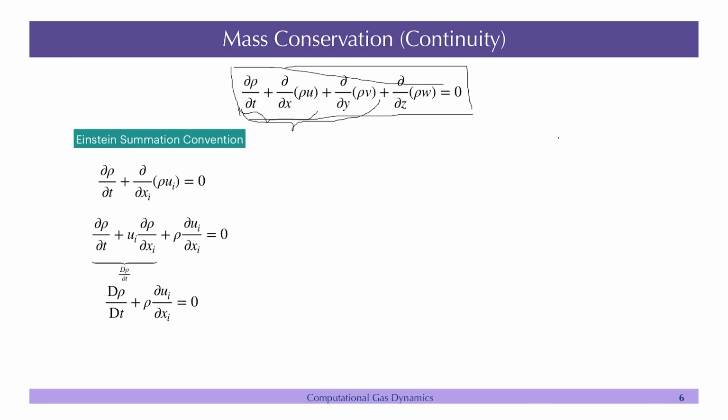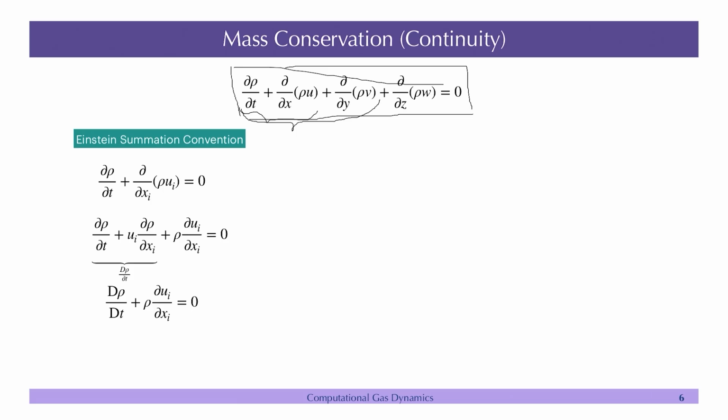So, when you are trying to write a code for this, or when you are trying to handle very complicated equations, it is a good idea to write in a very compact form. One of the compact forms is the approach called the Einstein summation convention. So, what we are going to do is give indices. This is also called the index notation.